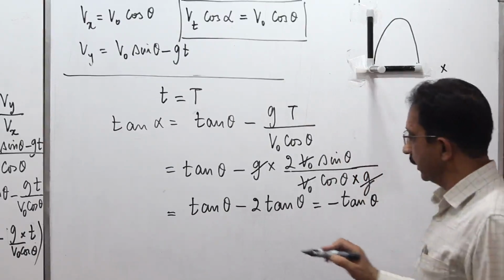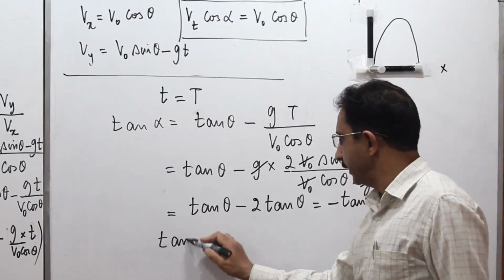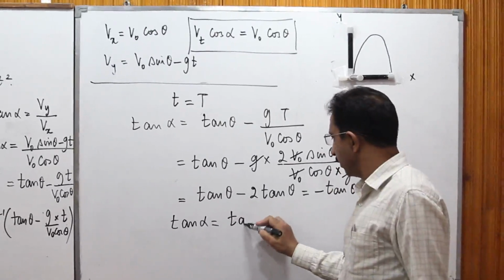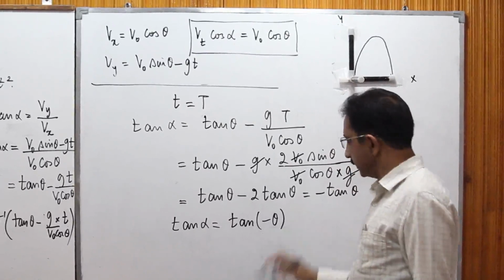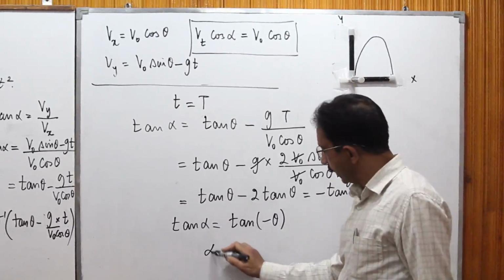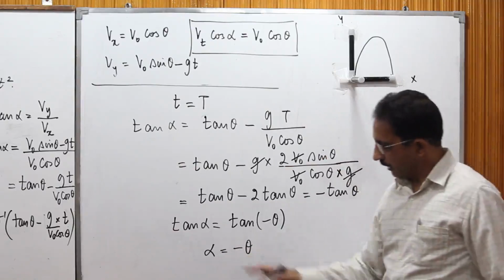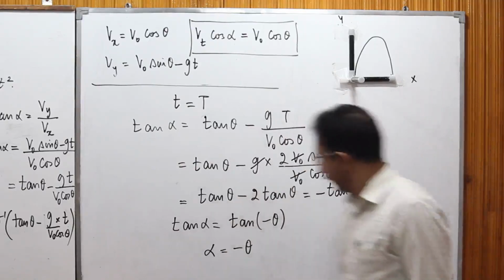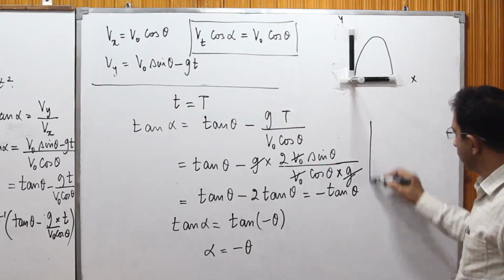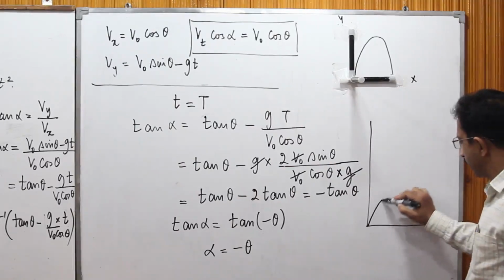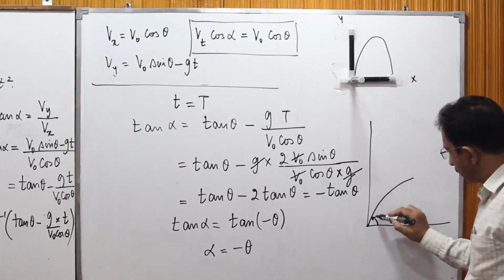इसको हम ऐसे भी लिख सकते हैं कि tan alpha is equal to minus tan theta, tan एक odd function है, so it is minus theta, which leads कि alpha should be equal to minus theta. How does this now settle? इसका मतलब है कि the moment a projectile started with some initial angle, जो उसका angle of projection था initially, that angle was theta.